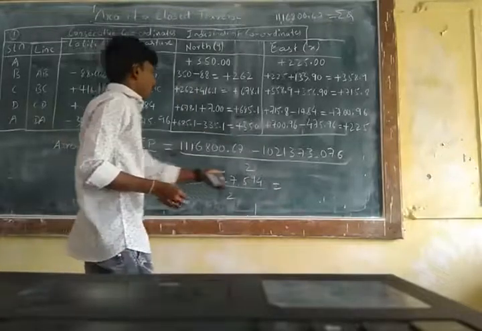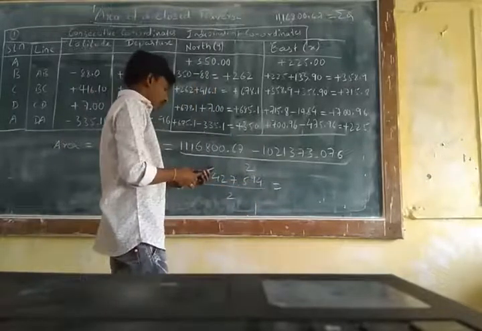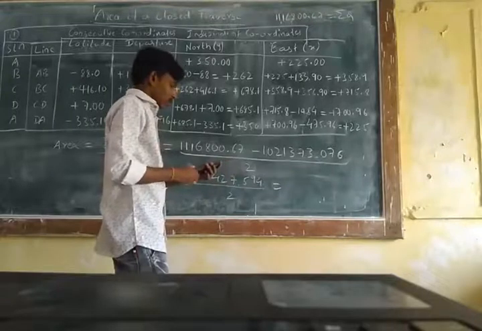So this must be divided by the value of 2, and we are getting 47713.797.